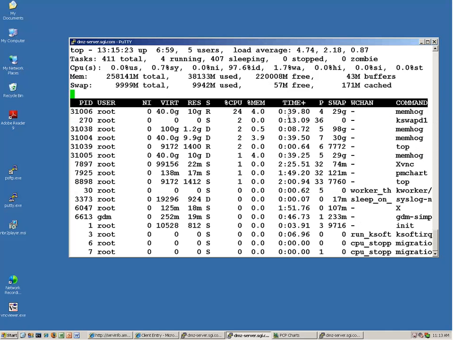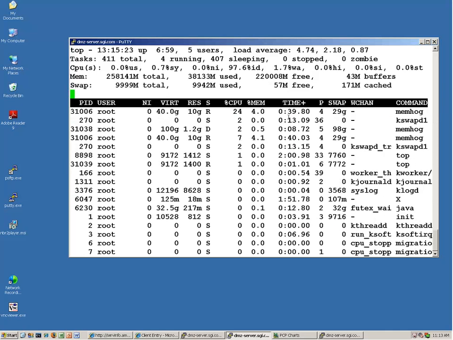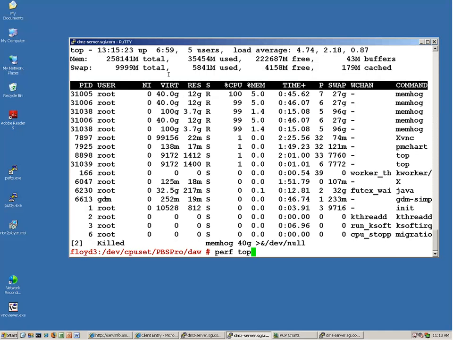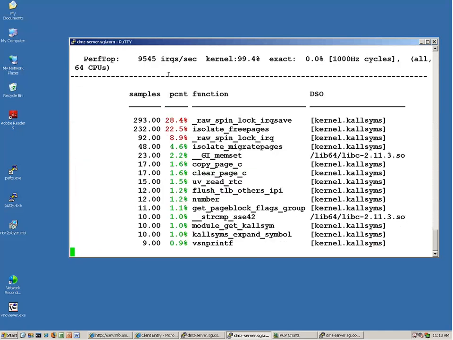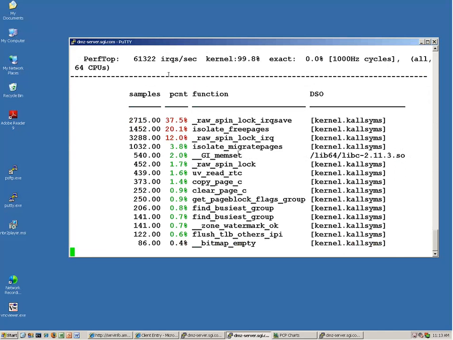There, we're at swap being 0 now, and my system time is starting to go up, and all of that is the killer. Let's see if I can catch this. Perf top. We did see the killer before, but that was when we dropped to KDB and looked at things. Isolate free pages.